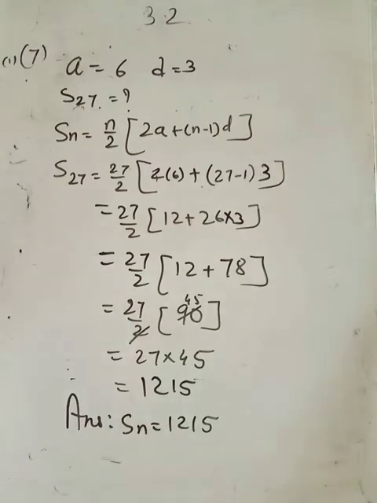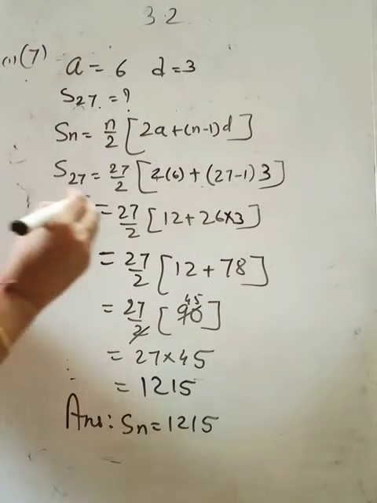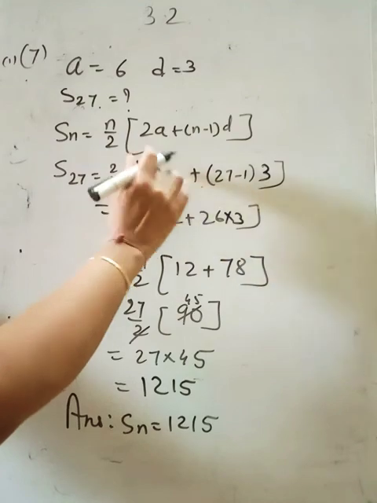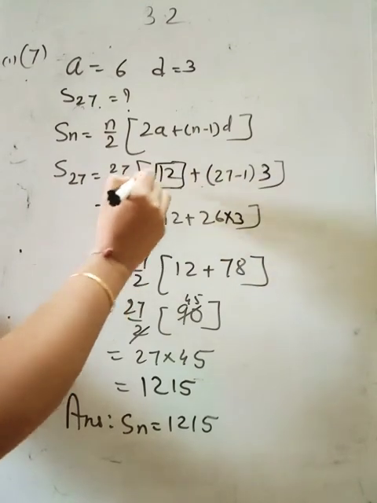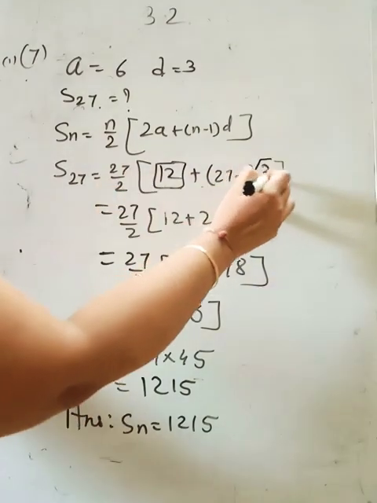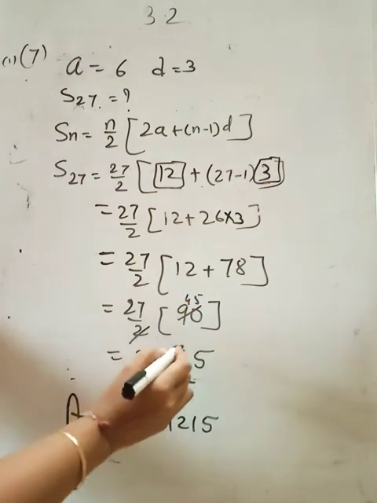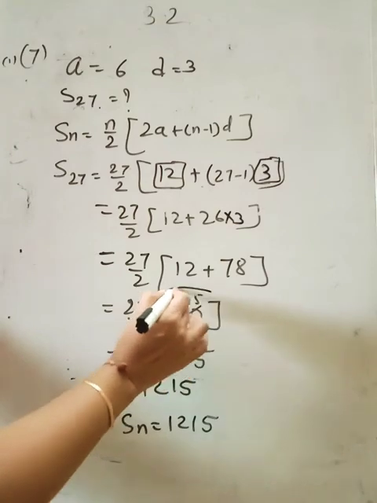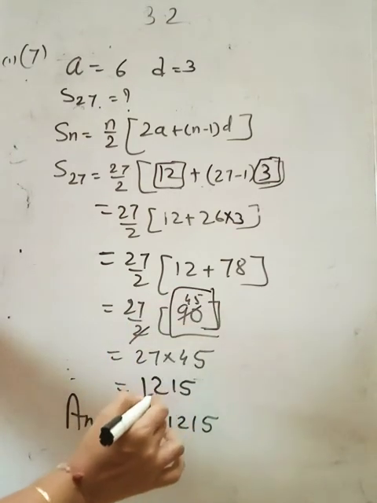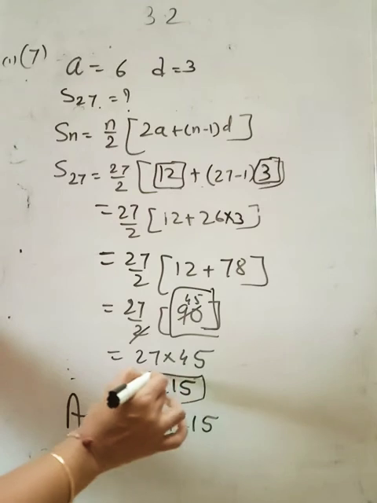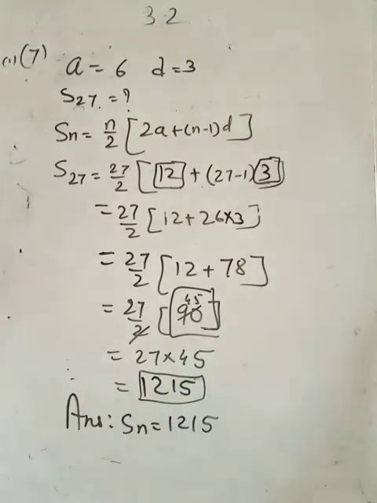So boxes will be somewhere here. 6 twos are, so directly you write down 12 here and make a box. 3, you make a box. 27 multiply by 90, you make a box, and here the final answer you make a box. In between steps it will not show, that's fine. We are doing it systematically as it is a first sum, so I didn't go as per the activity, as we did all the steps.